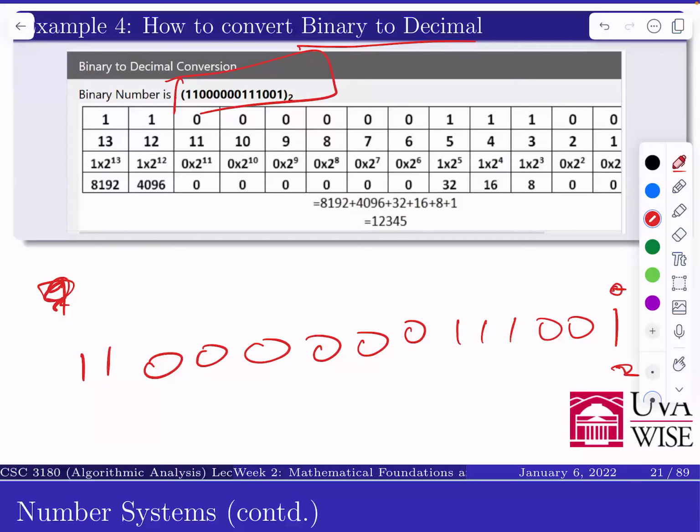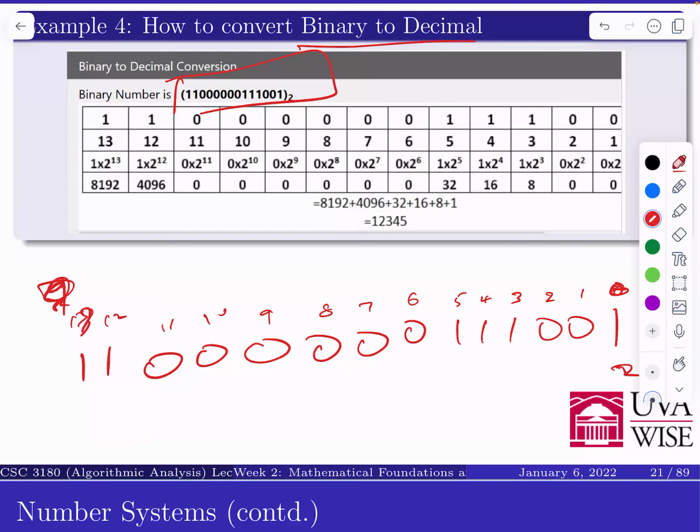Must start from 0, 1, 2, 3, 4, 5, 6, 7, 8, 9, 10, 11, 12. All the time, if you are converting binary to decimal, you have to write out the binary numbers. Then from the rightmost side, start putting index on top of them, which we can call the power index. From 0, you have to start from 0 down to the last one, which is 13. So this one is 13.